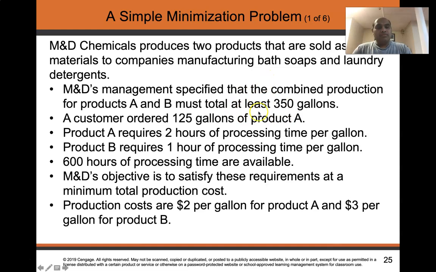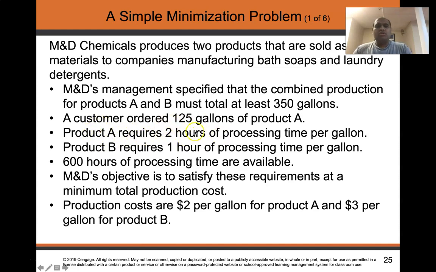So you need a minimum of 350 gallons for A and B. This could also be because if you're using a machine, the machine might have some minimum for it to work out for you and so on. Whatever the reason, you have a constraint saying you have to make a minimum of 350 gallons of both products put together, and a minimum of 125 gallons of A, because that's how much you have to send your customer.